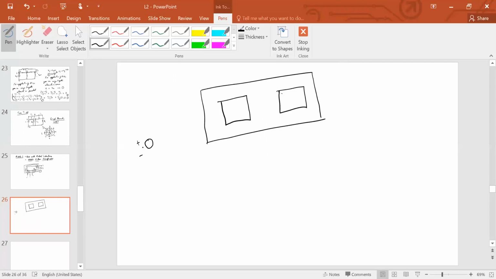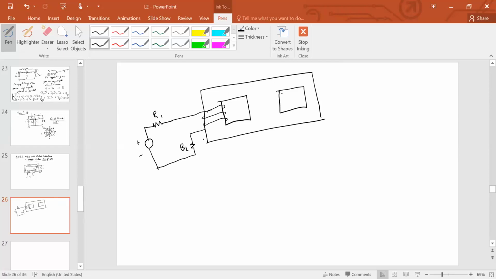Plus minus. And let's say you have a resistance here, call it R1, and pass a coil through this. And then bring it out from here and close it with R2 over here.